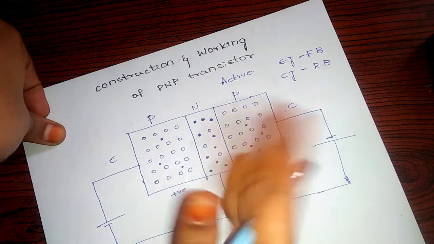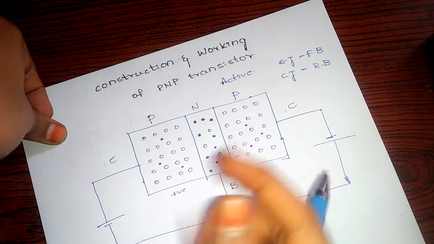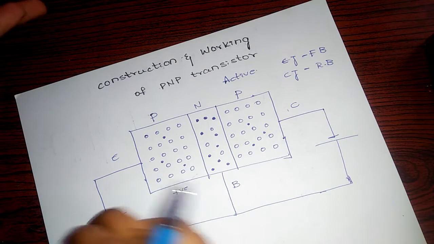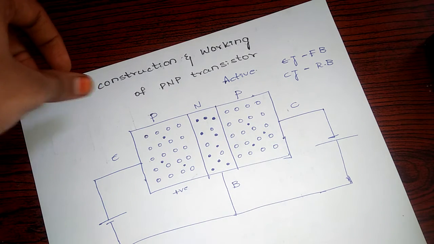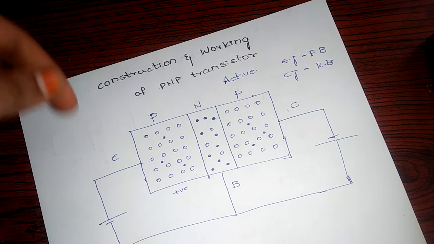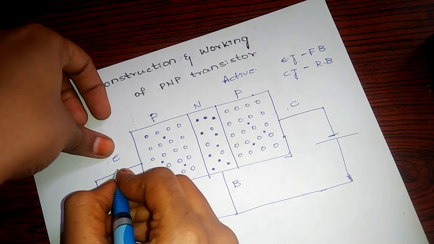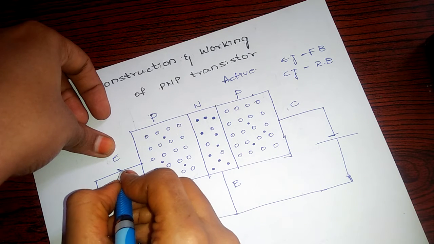The holes flow in this way, electrons flow in this way, but the current is in the direction opposite to where the electrons flow, right? So the current is in this way. What is the collector current? Sorry, the emitter current. The emitter current will be in this direction, IE.